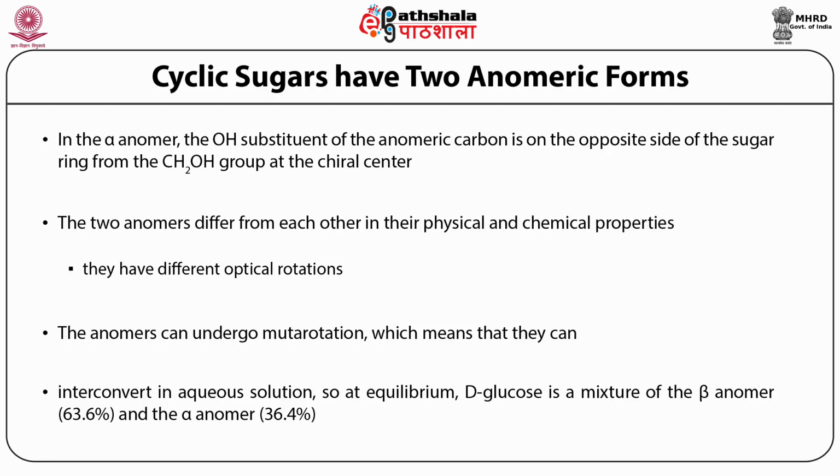There would be about 63.6% of the beta anomer in an aqueous solution of D-glucose, and about 36.4% of the alpha anomeric form. This interconversion between the alpha and the beta forms is called mutarotation. Now the question that will come to your mind is why should the beta anomer predominate in an aqueous glucose solution as opposed to the alpha anomer?